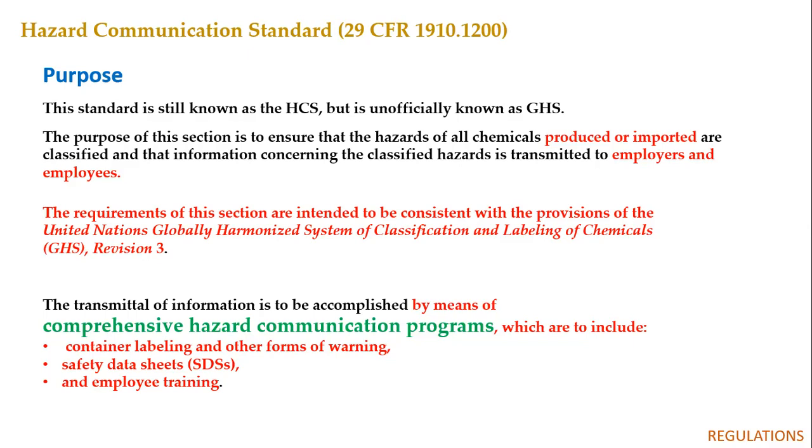The requirements of this section are intended to be consistent with the provisions of the United Nations globally harmonized system of classification and labeling of chemicals, GHS revision 3. So the transmittal of the information is to be accomplished by means of a comprehensive hazard communication program, which includes container labeling and other forms of warning, safety data sheets, and employee training.